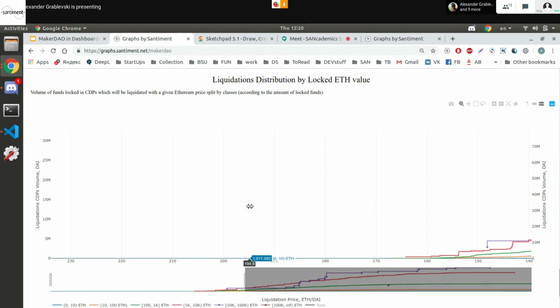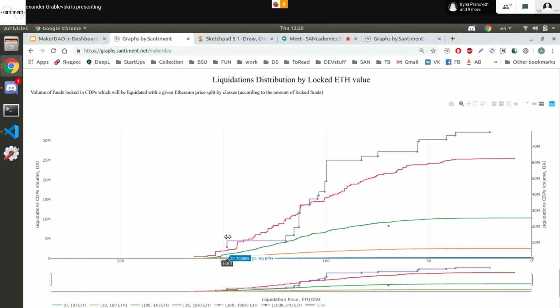That means that there is no single CDP within this category that will be liquidated if the price goes down to 150 USD, sorry. And that's actually a good sign because you see that all big CDPs are protected quite well. So you see the current price of ETH is about $230, and you see a big interval.